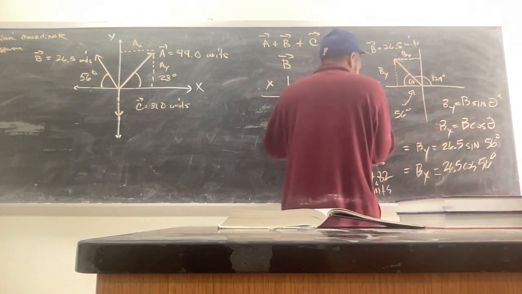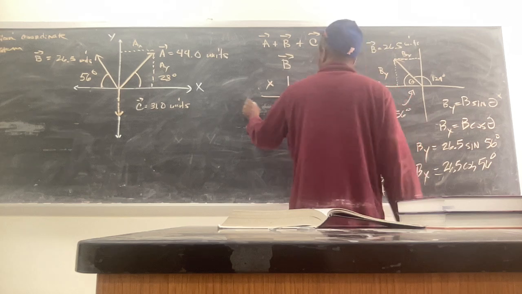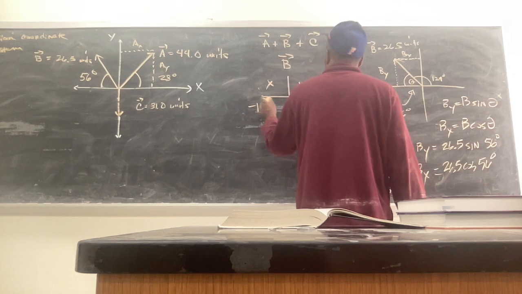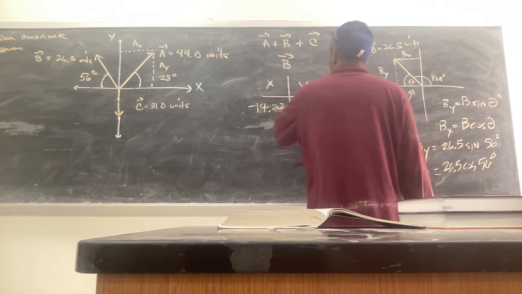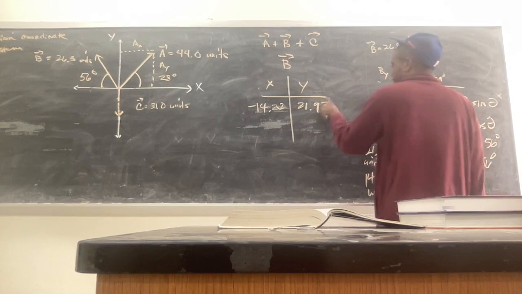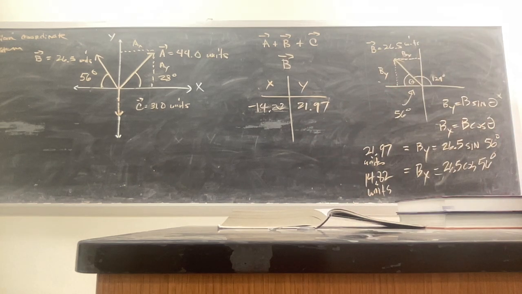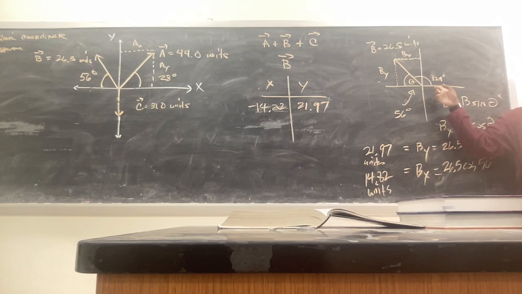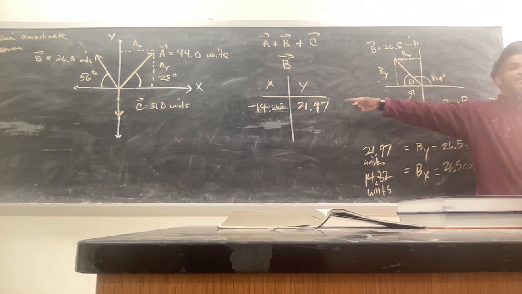So the x component, which is here, is what? Negative 14.82. And the y component is what? 21.97. And that's because if we take that 124 angle, then we're going to get the correct signs on it.